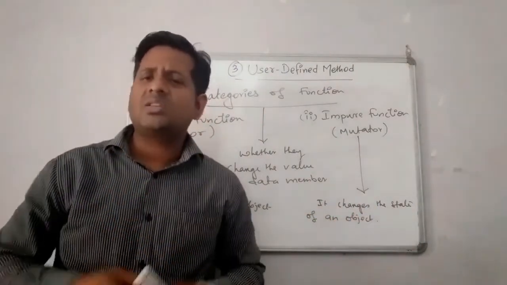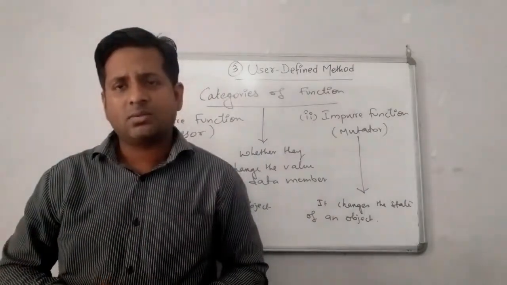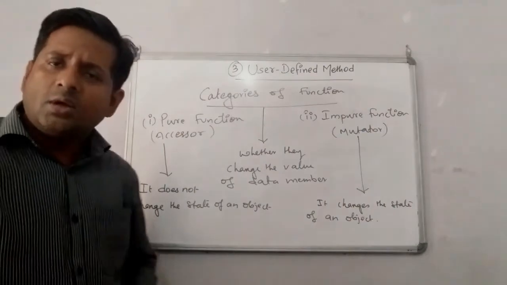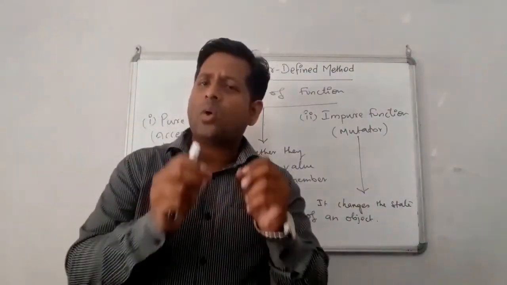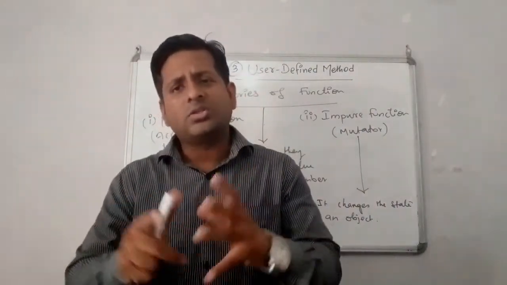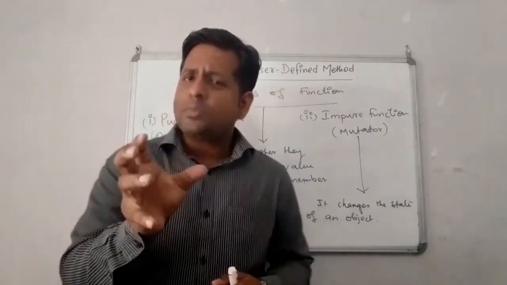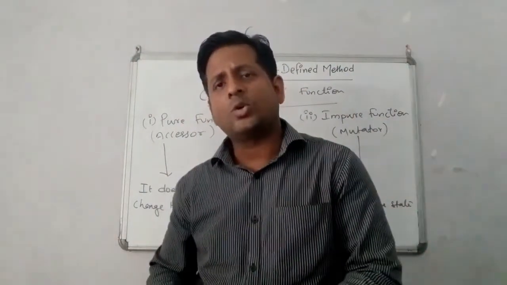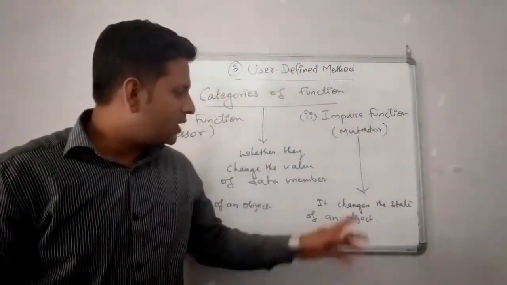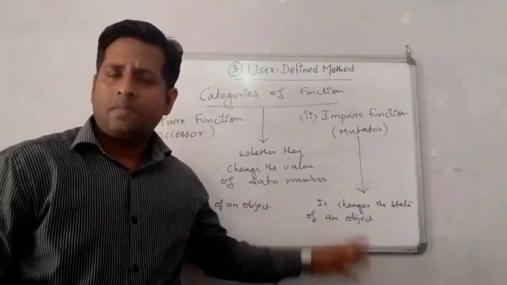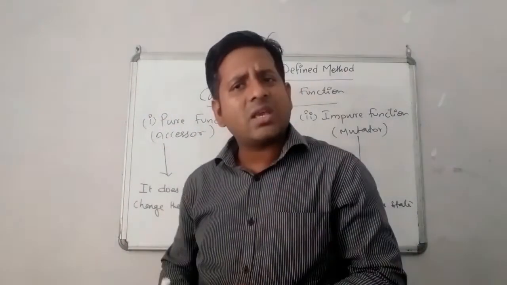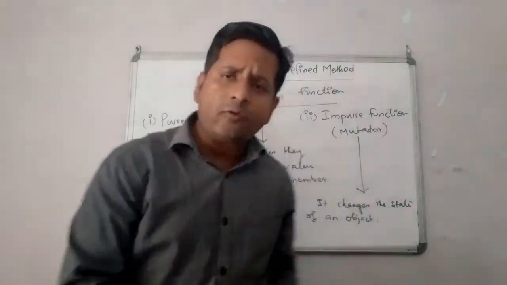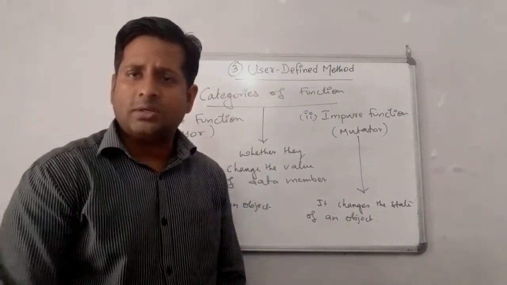Now what is the state? State means again a behavior or characteristics. It can be changed. So when we call the functions, whatever we pass, that particular thing will be changed. Suppose the argument we are sending is 2, but automatically it converts into 3 or something like that. That means it is changing the state of an object. So in short, pure function does not change the state of an object, whereas impure function changes the state of an object.